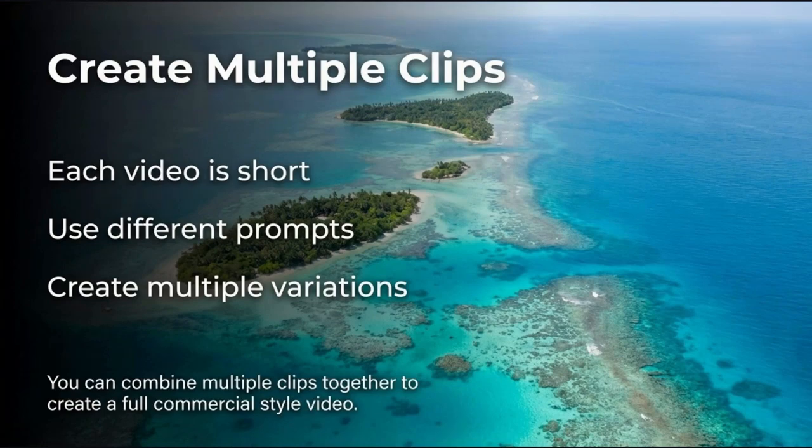And I had her, she was in a flyer, my girl was, and I pulled her out of the flyer and into like a beach. So like you can pull them out of the photo. They don't have to be in that setting. You can take them and just use them for a different setting. Like you just have to really kind of talk to ChatGPT and tell it exactly what you want for the prompt to make it, okay? But what I'm trying to get to is that you can combine multiple clips together to create a full commercial style video so that it's all the way put out, all right?